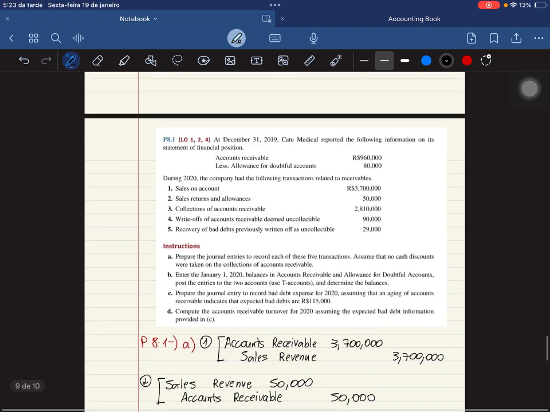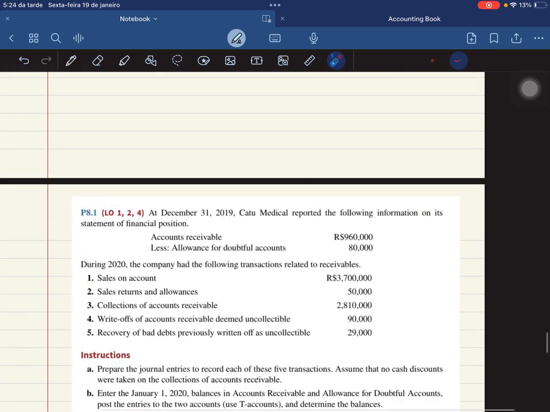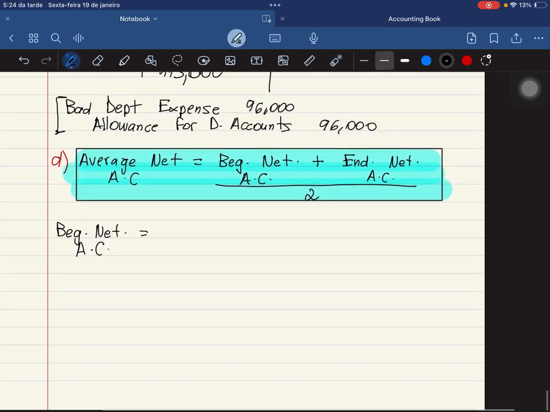Well, let's take a look over here. This is the original accounts receivable, correct? Yes. But we always have to deduct the allowance for doubtful accounts for us to know the actual amount of accounts receivable that we have. And this is going to be our beginning net accounts receivable. So it's just going to be this minus this, okay? So we're going to write this over here.